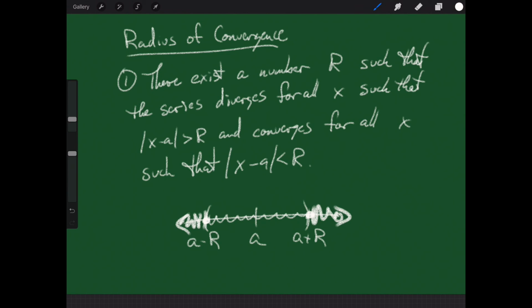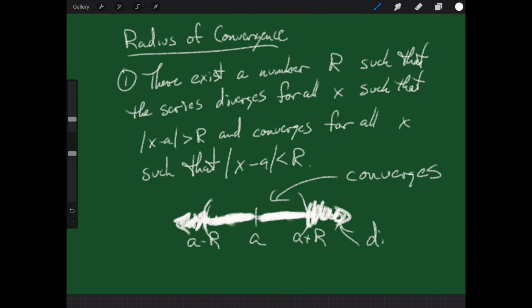Now, that's the first thing that can happen with radius of convergence, is you get this number capital R, where if you're within R of a, it converges. If you're outside of R, it diverges. So in here, it converges. Out here, it diverges. Okay? That's the first thing that can happen.